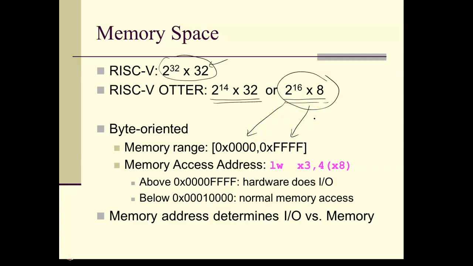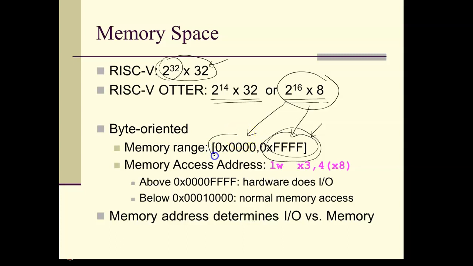So the issue is that we have a 32-bit address space and only this much real memory. It turns out I can use memory addresses above the real memory, and when I do that, the hardware interprets the instruction as an I/O instruction and not a memory access instruction.